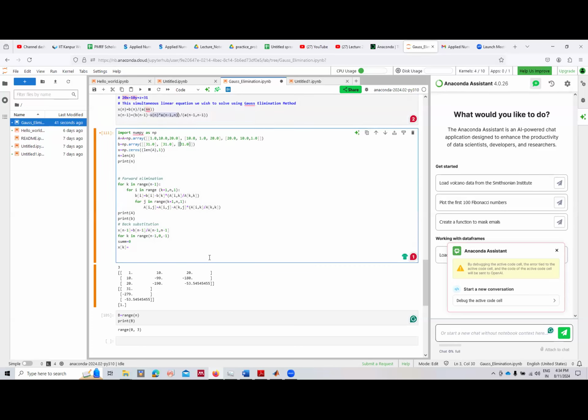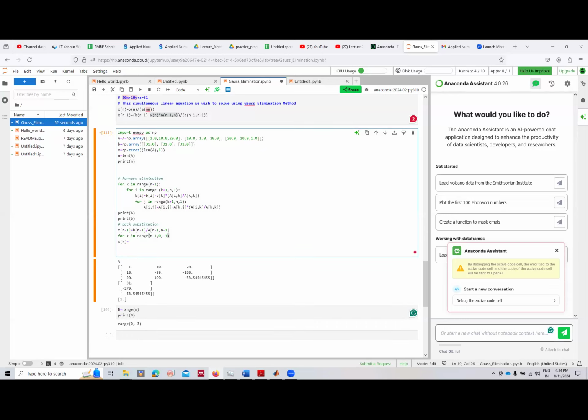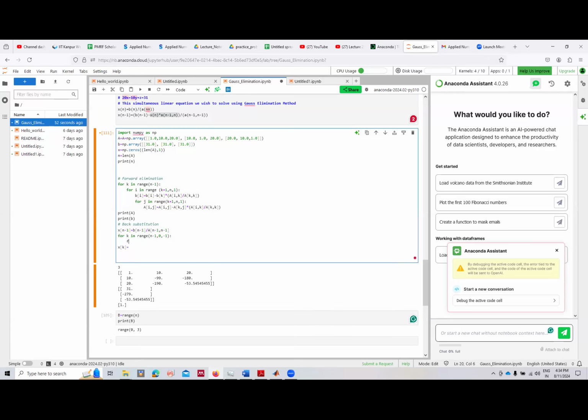This sum I'm trying to find. So this sum is equal to 0, for j in range.